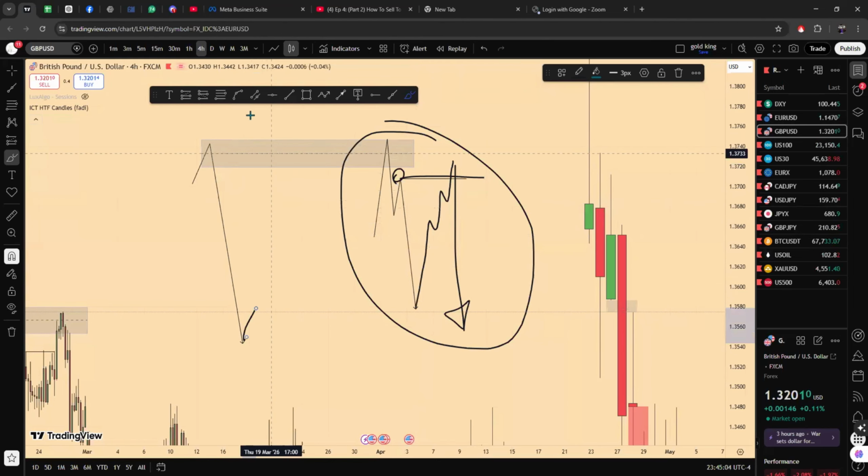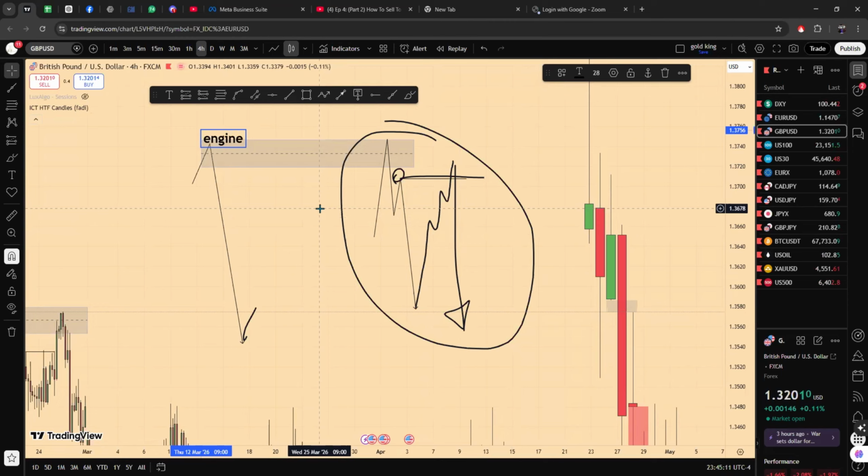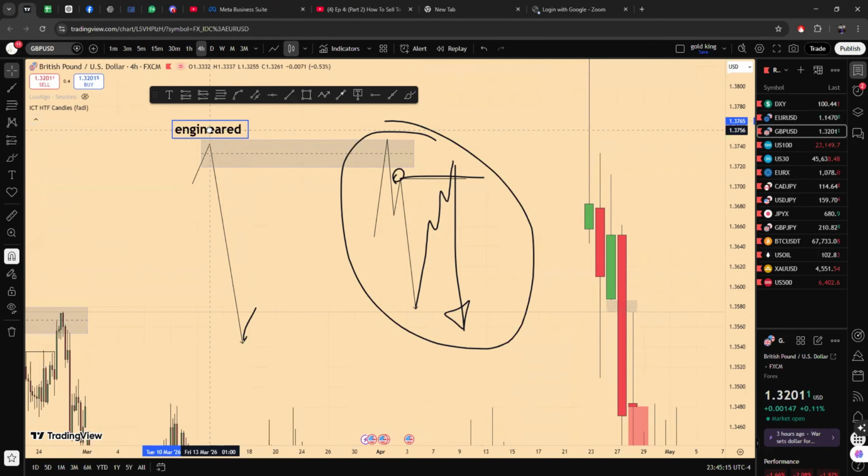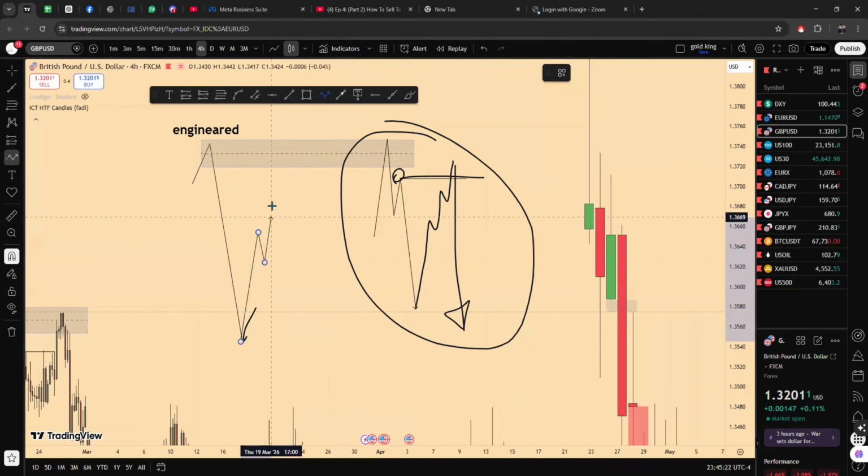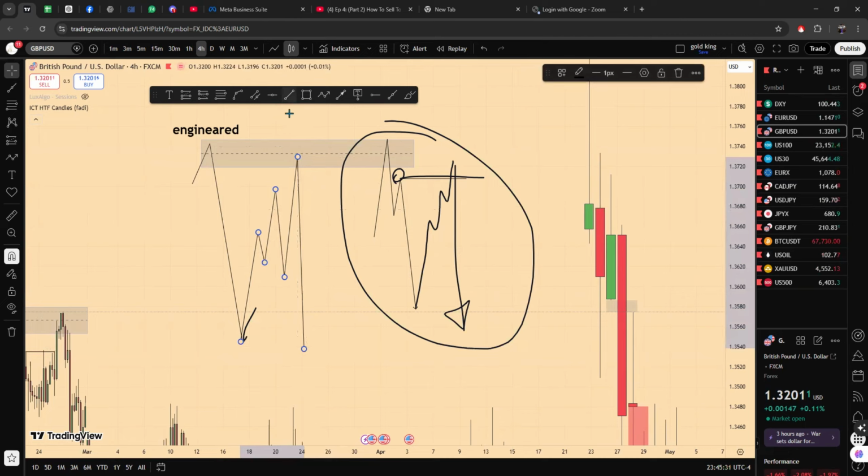This is where we expect to see engineered liquidity, which means that we want to see price approaching the key level to play some games with our mindsets before finally tagging into our point of interest. This is what we call the engineered liquidity, right?